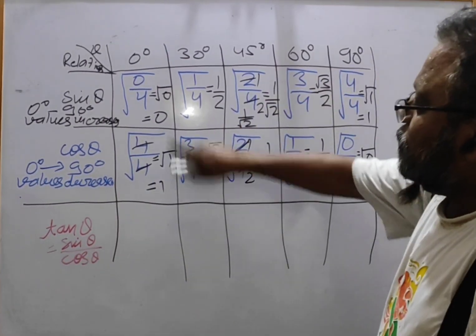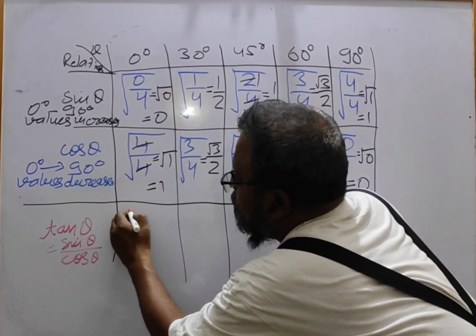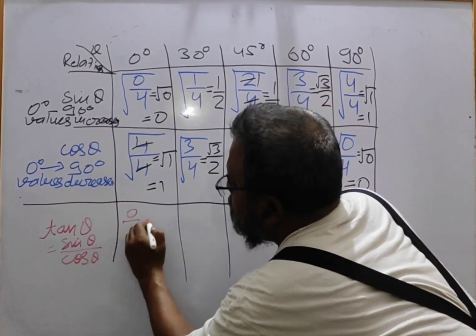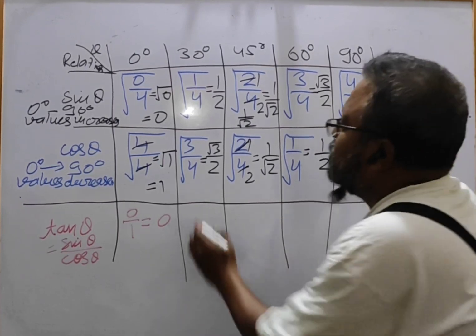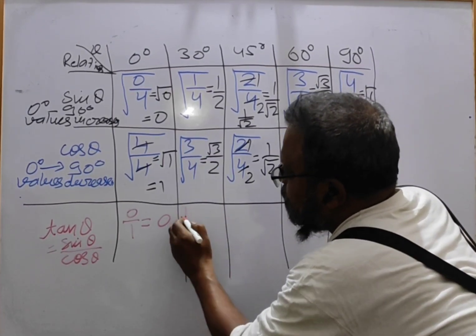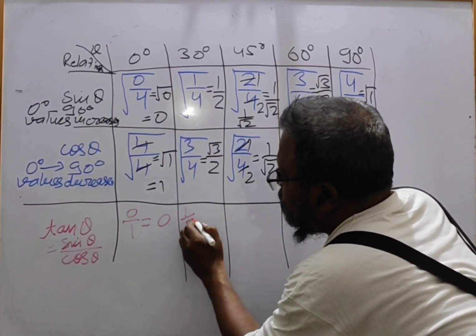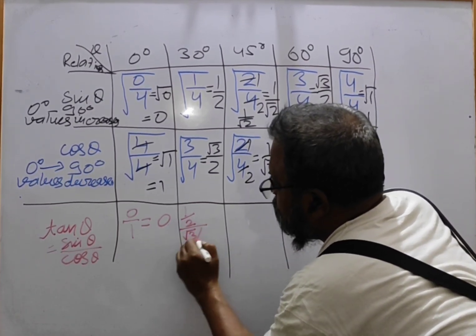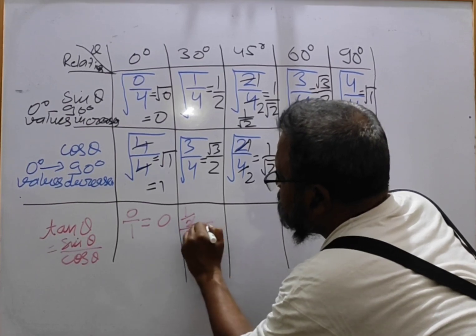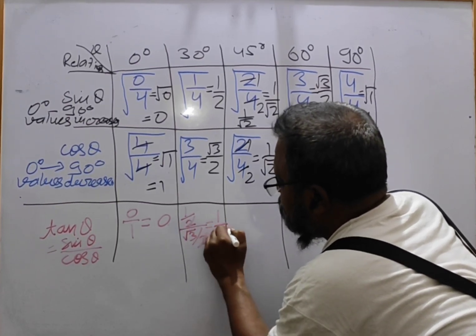So we have 0 upon 1 is equal to 0. And then you take 1 upon 2 divided by root 3 by 2. So this 2 and 2 cancel out. You get 1 upon root 3.